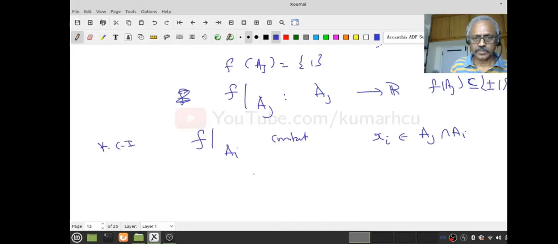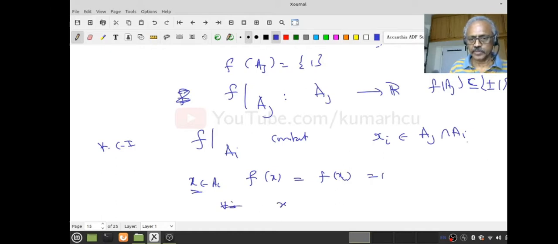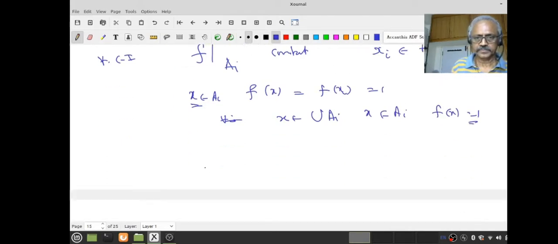Therefore for any x in Ai, f of x must be equal to f of xi, but xi is in Aj, therefore f of xi is 1. Therefore for every x in Ai, f of x is 1, and this is true for all i. Therefore if x belongs to the union of the Ai, then x belongs to some Ai, but then f of x is 1. Therefore f is constant.